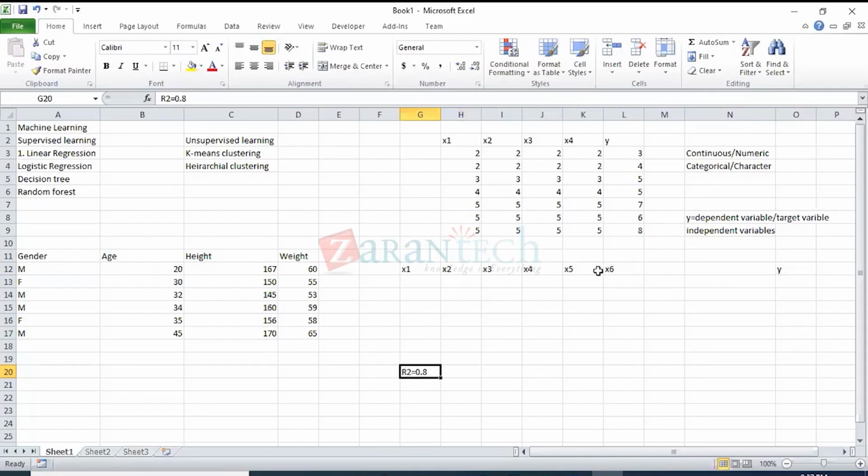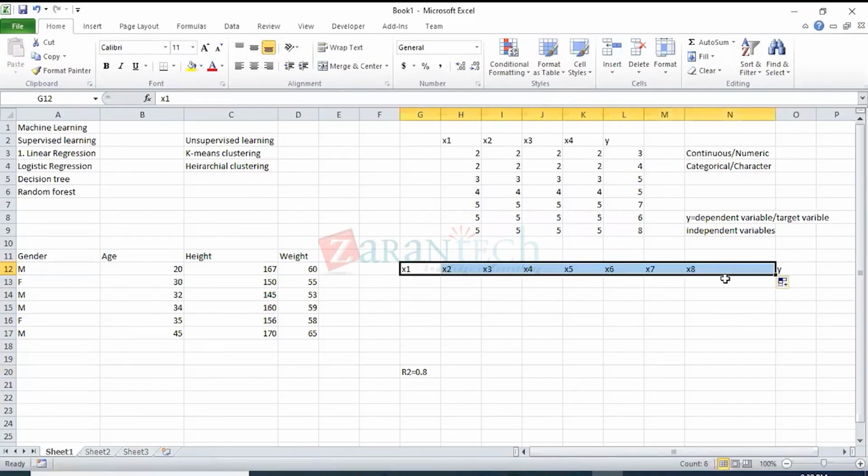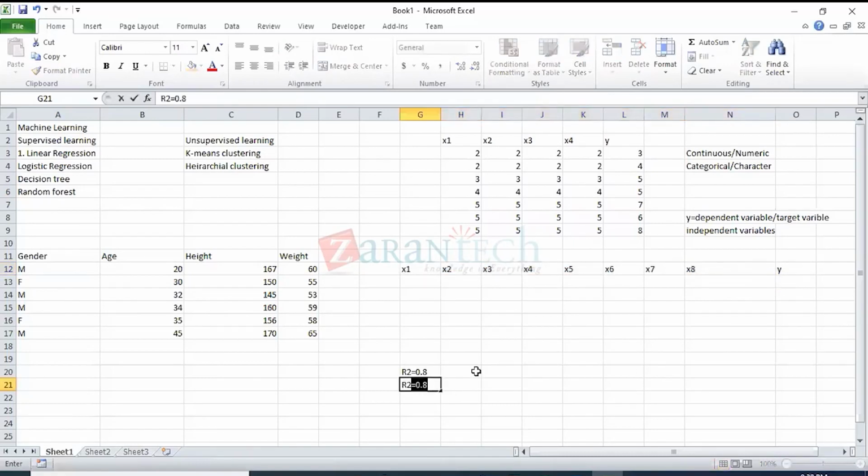Now if the number of variables increases from 6 to 8, my linear regression model doesn't care whether these variables, 7 and 8, are important or not, or whether they influence the prediction in any way. R square doesn't check that, so it simply increases the value from 0.8 to 0.9.